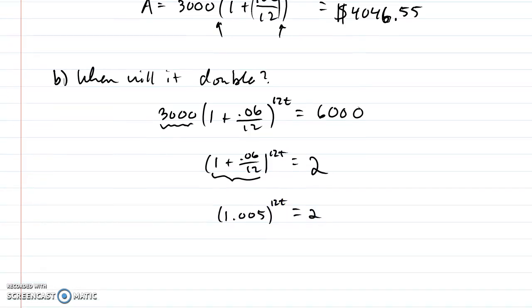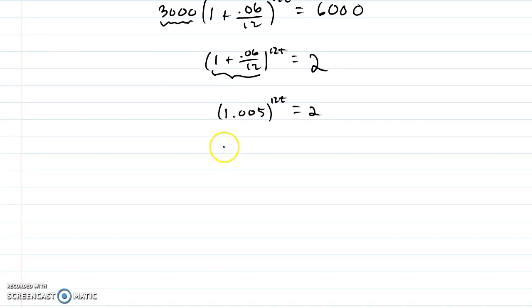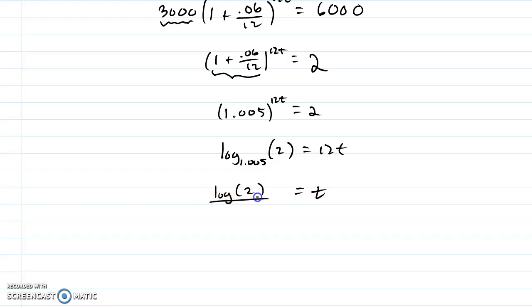Now we know how to solve this because this is an exponential. So I'm just going to do the translation of log base 1.005 of 2 equals 12t. So t will be, if you divide by 12 and also change of base, t will be that.